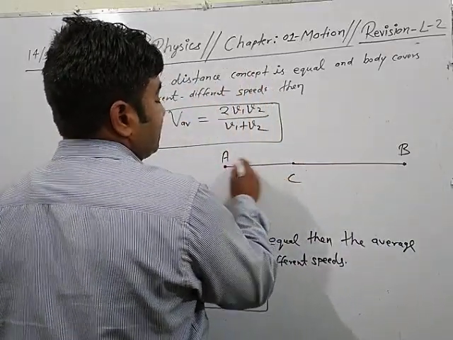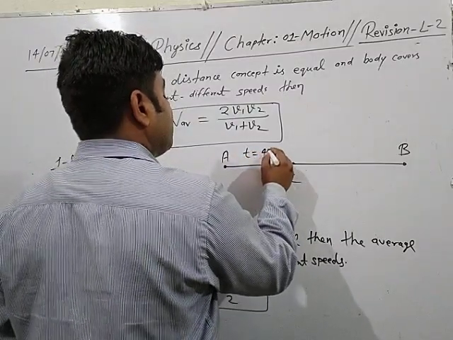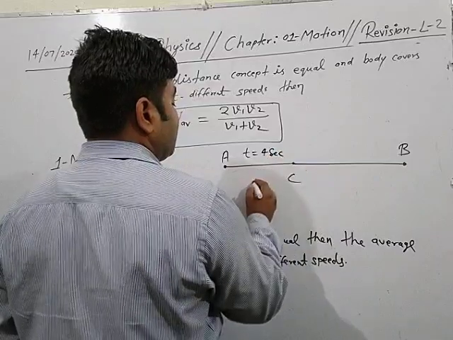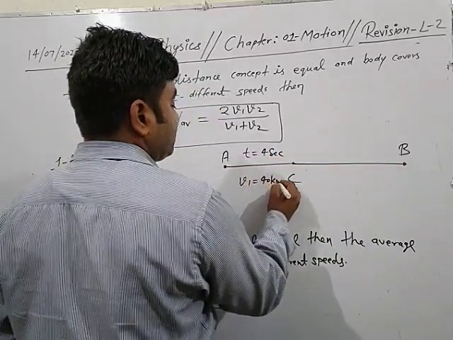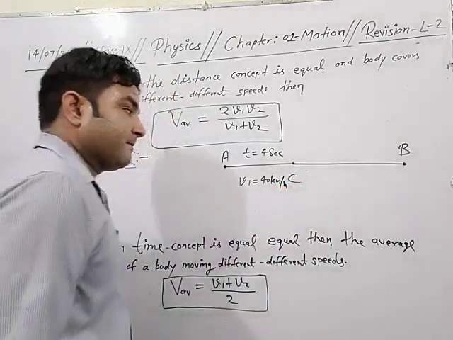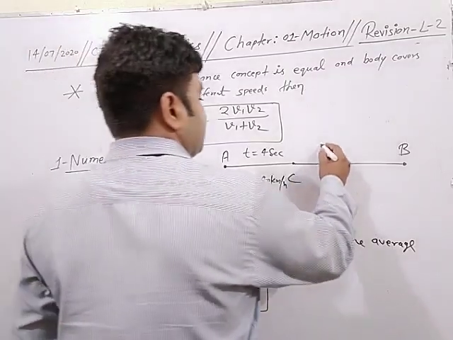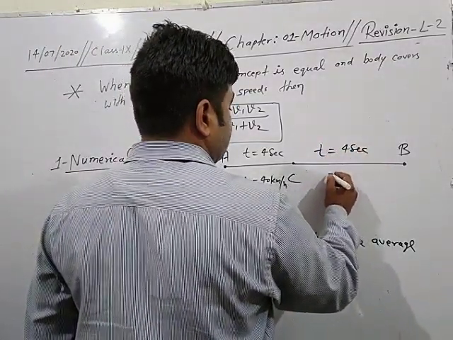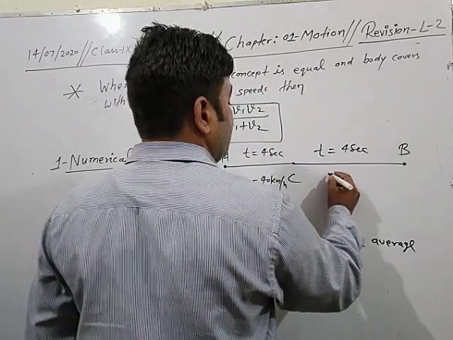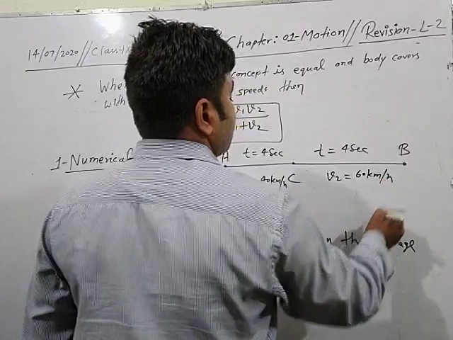But here in t is equal to first 4 seconds, moving with speed 40 km per hour, and in further t is equal to 4 seconds, moving with v2 is equal to 60 km per hour.